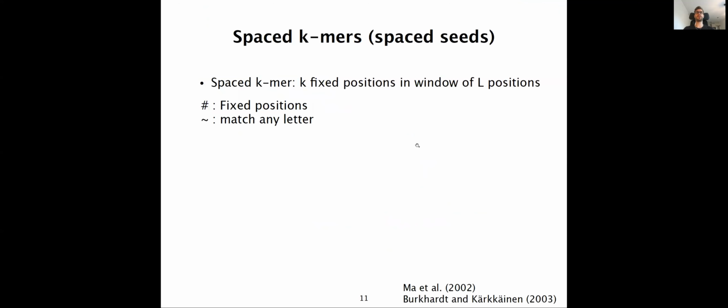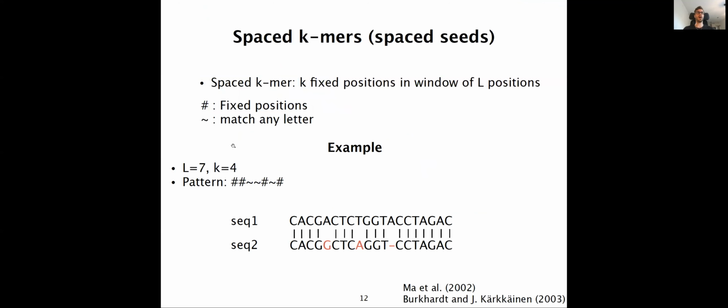So spaced k-mers are designed to alleviate some of this. In this protocol, we fix k positions within a window of L positions. Here, if this hash denotes the fixed position and this symbol denotes the wildcard position, we can sample k-mers with this pattern. Looking at our previous example, we have the following 3 shared spaced k-mers between the 2 strings.